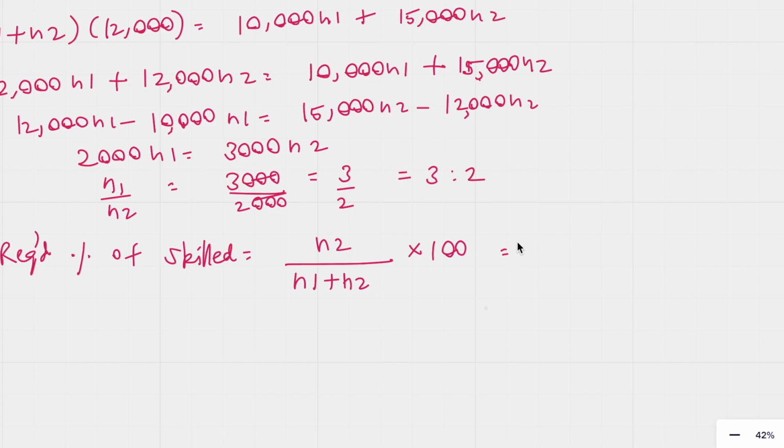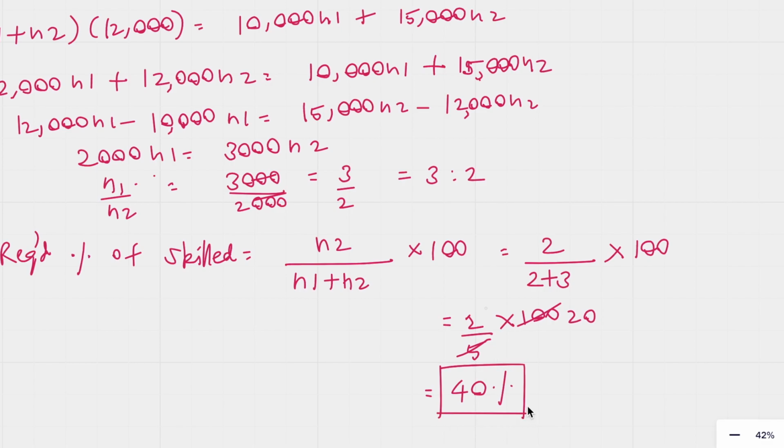We have the ratio here, n1 is to n2 is 3:2. So we will take 2 divided by 2 plus 3 into 100, which gives us 2 by 5 into 100, which is equal to 40%.